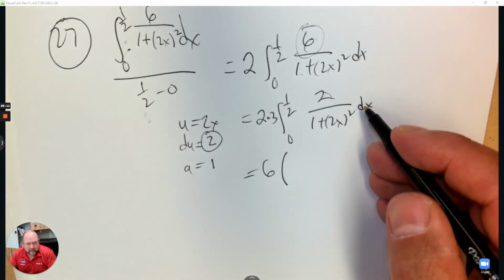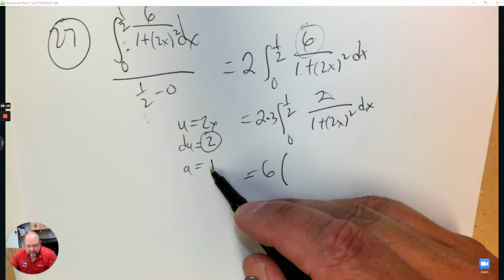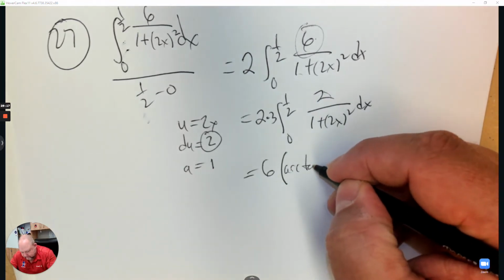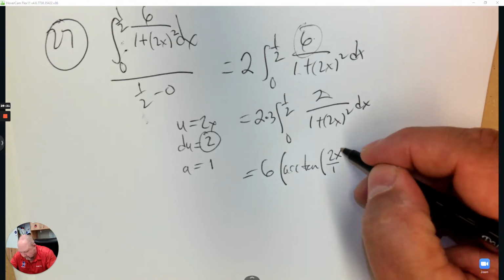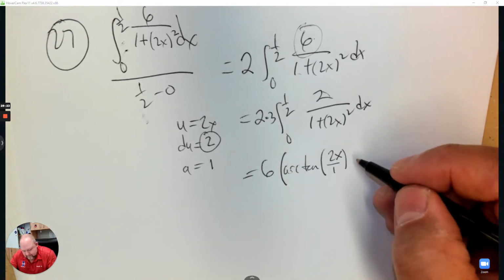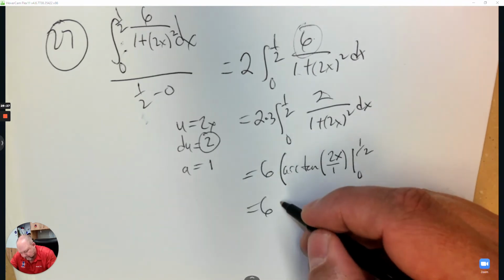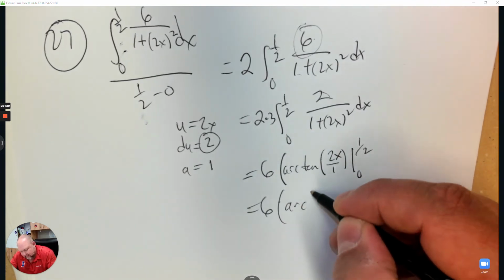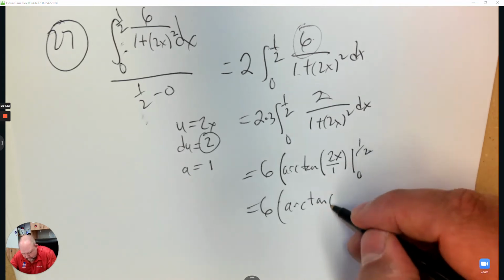And now I can do this. So it starts with 1 over a. Well, 1 over 1 is 1. Then arctan, and that's u over a. So 2x over 1, which is 2x. And then I'm integrating from 0 to 1/2. First, I'm going to plug in 1/2. 2 times 1/2 is just 1.